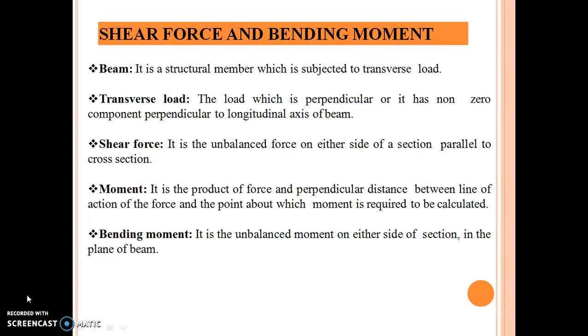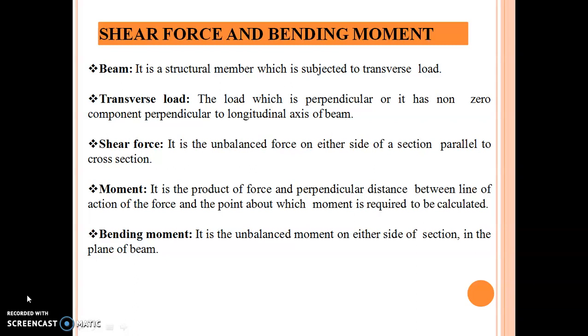It is the product of force and the perpendicular distance between the line of action of the force and the point about which the moment is required to be calculated. It is simply force multiplied by its distance from the point.